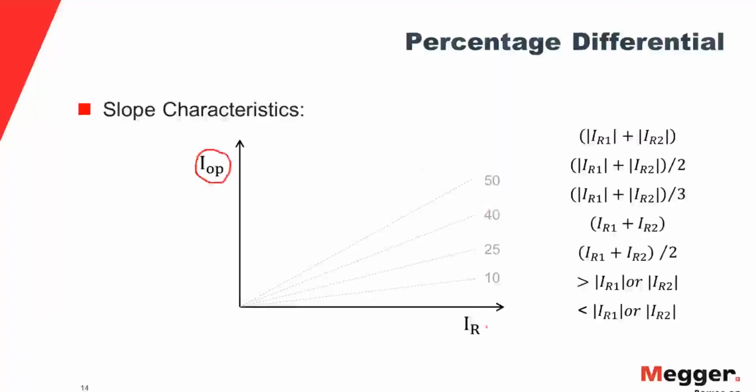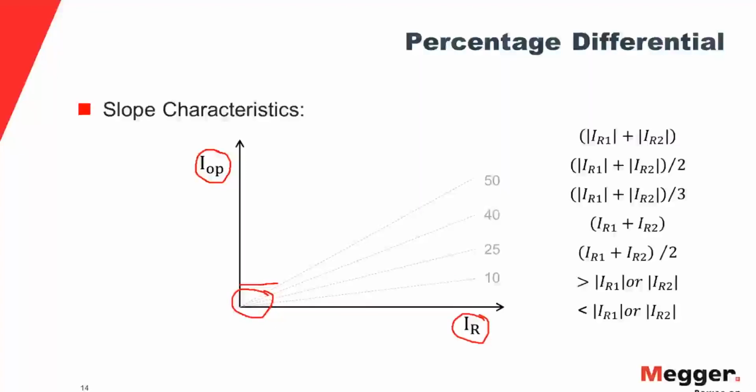So if I have one particular slope, what I actually am saying is, if I have IOP 50% of IR, a calculated value, then I will operate. It will not work all the time, because especially in this region where the CT mismatches are more pronounced, you need more protection here.